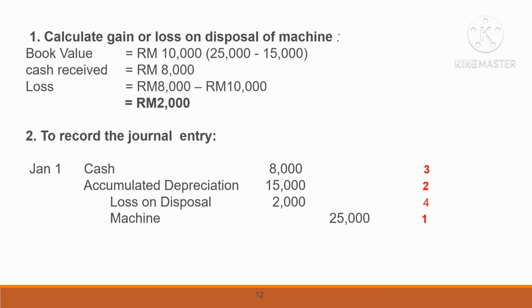So debit 8,000. And you can see the debit side and the credit side, there is a missing figure. So the credit side is 25,000. The debit side is short of 2,000. So the missing figure we call loss on disposal. So we just write this down to record disposal of the machine.